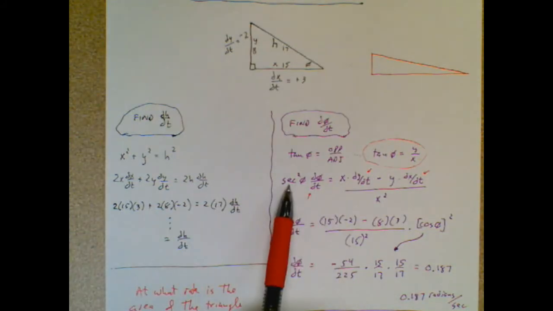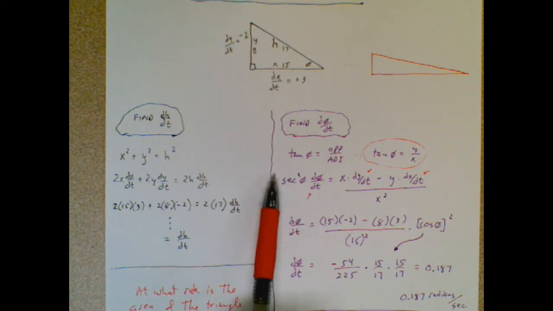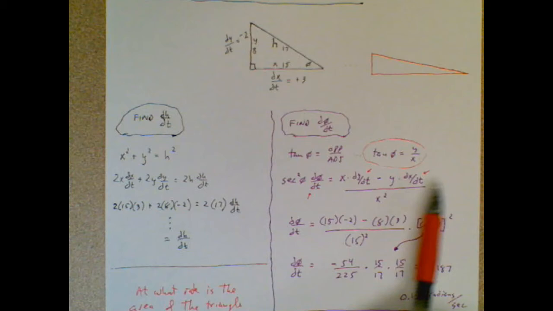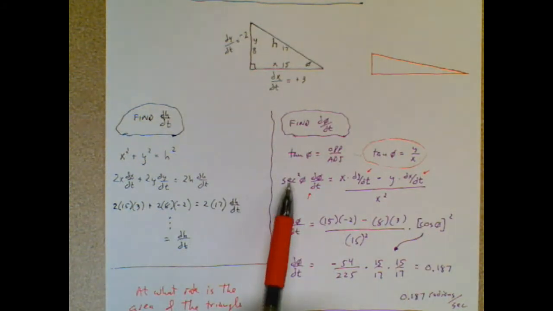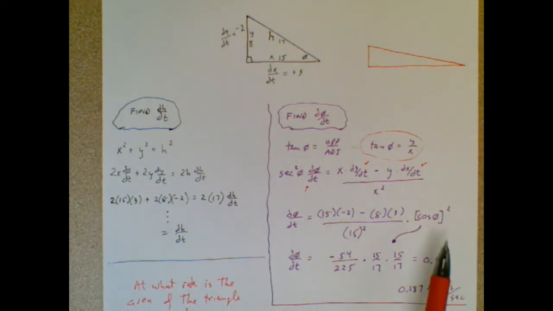See this secant squared? That's technically like 1 over cosine squared. If I have a 1 over cosine squared on the left, I multiply by cosine squared and multiply by cosine squared to cancel that out and move it over here. So this thing on the left becomes this thing on the right. It's a little tricky. And here's one of the things that really gets people.